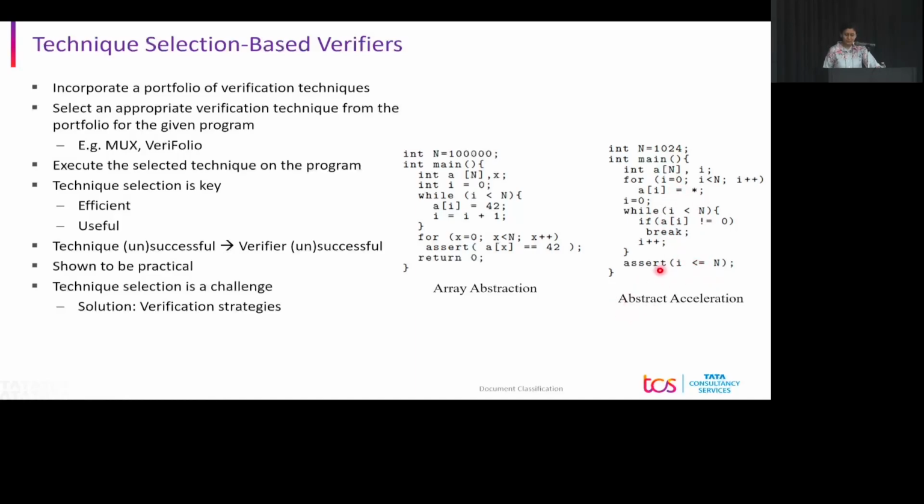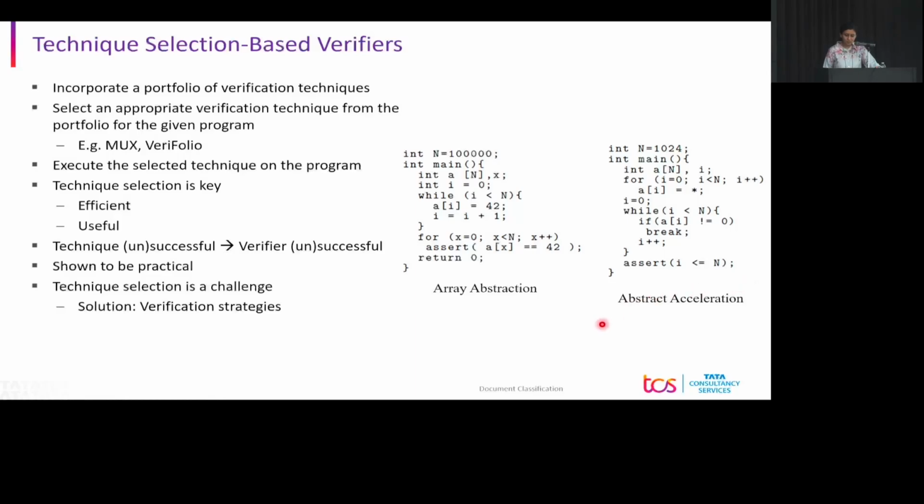Now, for this, you don't really need an array abstraction. And it may not work also because of this break. So you need an abstract acceleration on this program. But these 2 programs are very similar, so it is difficult to select the right technique for this.